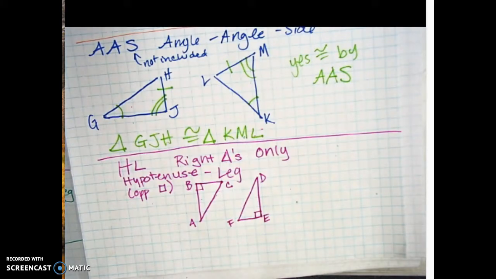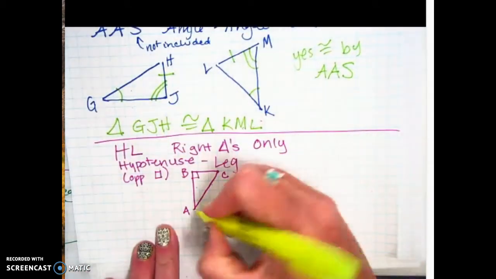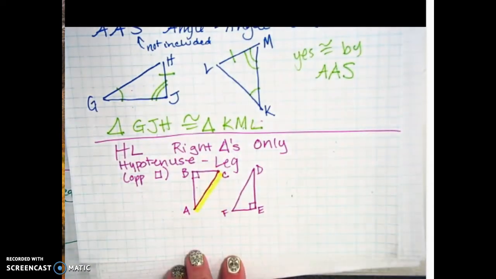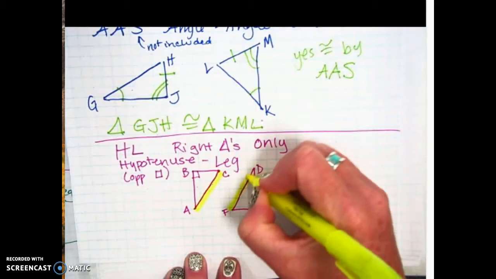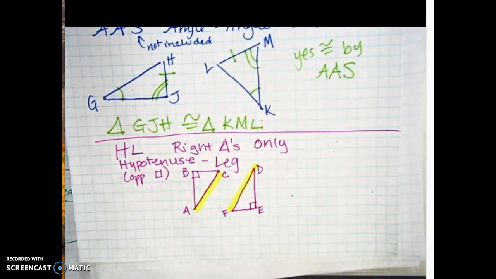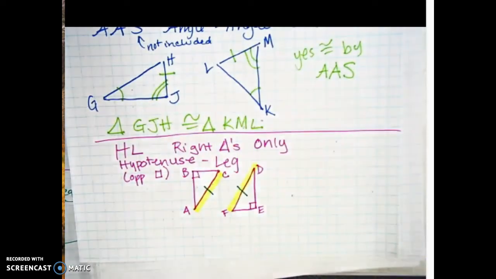So opposite each of those little boxes, each of the angles that are 90-degree angles, is the side that we call the hypotenuse. So on this triangle, it's going to be AC. And on this triangle, it's going to be DF. So those two sides need to be congruent. So we're going to put a single tick mark on each.